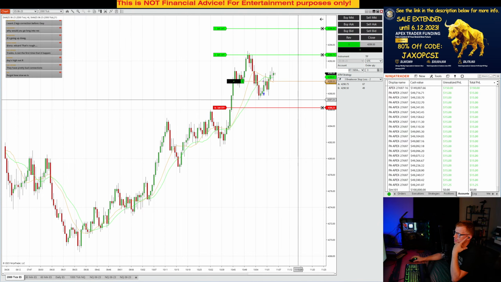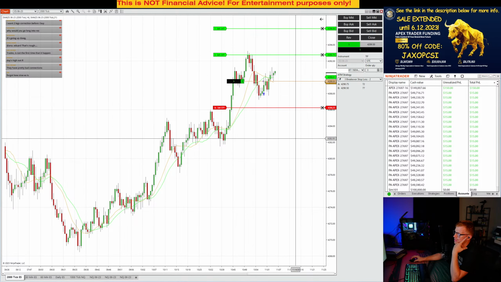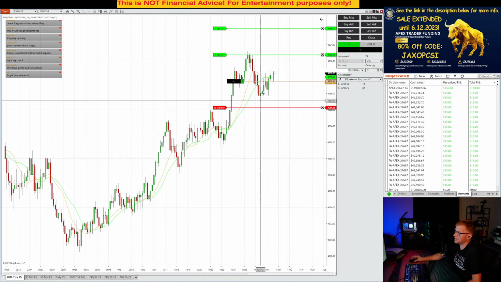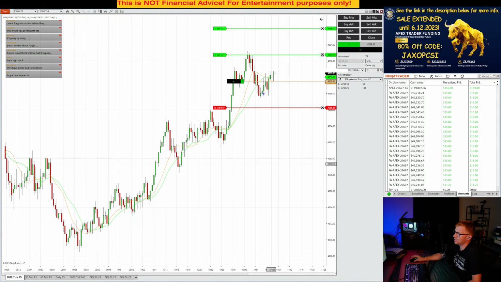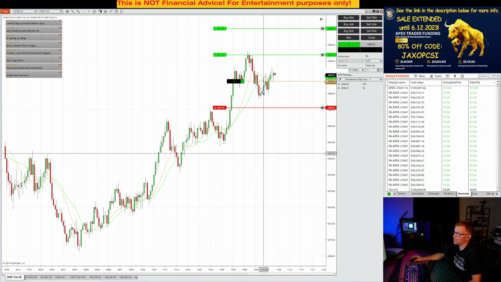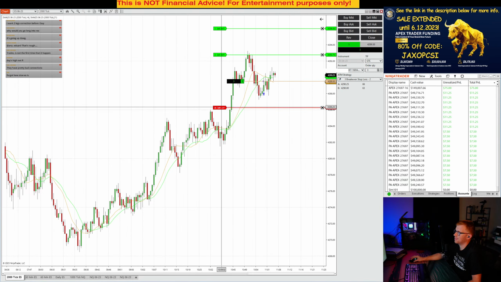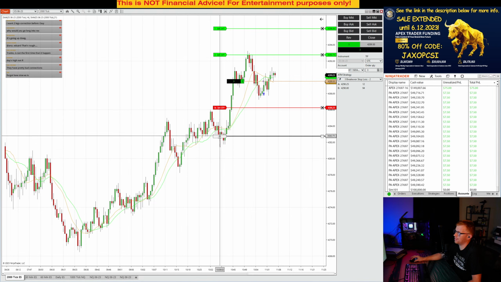Because ideally it should be below this, but I don't like having it right there. I want to give it some room for those stop hunters. I feel like this is giving it plenty of wiggle room here, but I don't know. It just feels like it's always hitting my stop right where I put it. Maybe I need to put it right here.